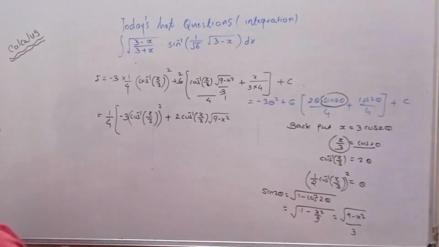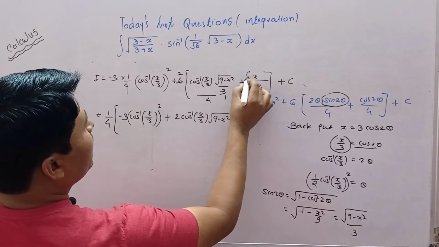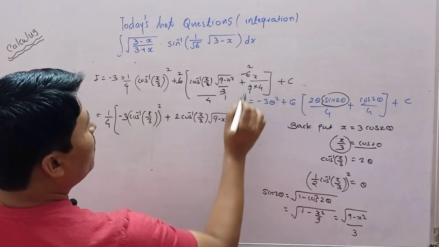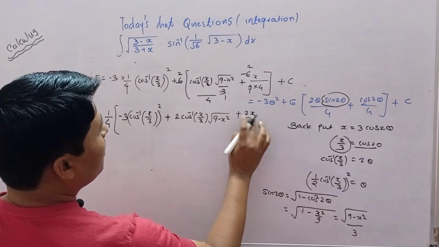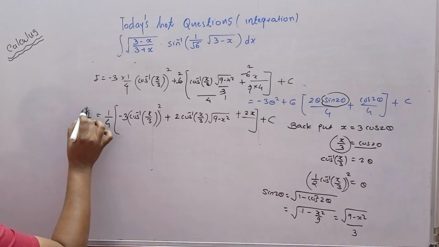And 1 by 4 is the common term, plus this 6 term also multiplied, 3 into 2, gives 2x, plus the constant of integration.